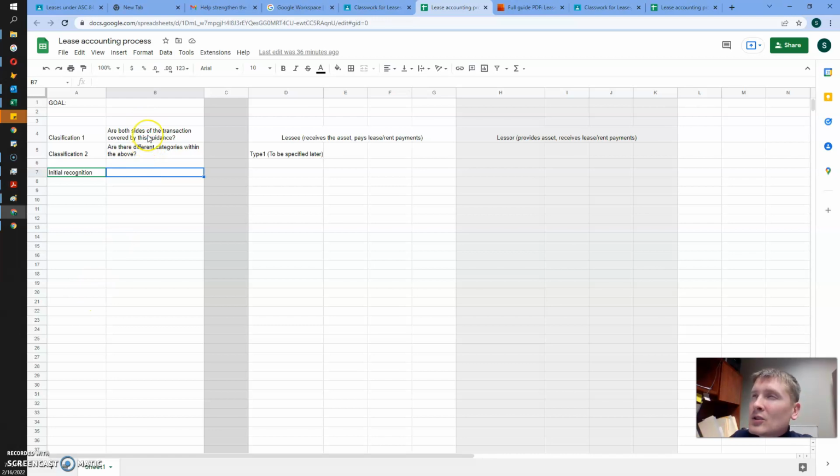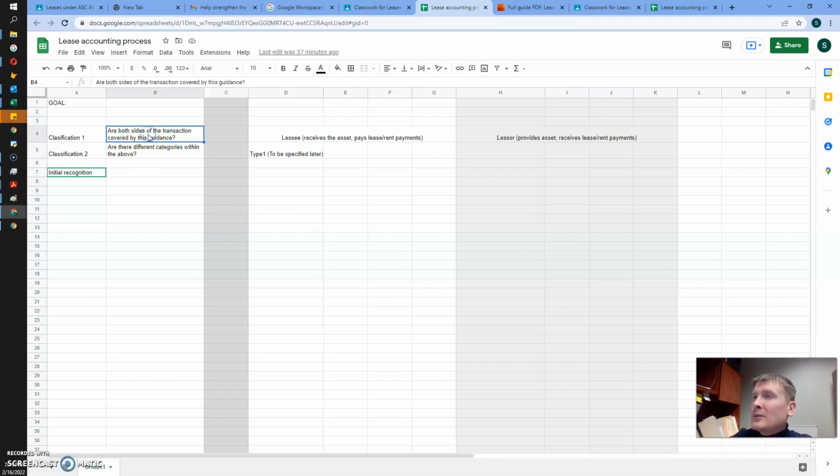Okay, so what questions can we ask here? Does this guidance cover both sides of the transaction? Yes. In some situations, the guidance is only one-sided, like for the revenue. It covers the revenue, but it doesn't cover the receiving party guidance.